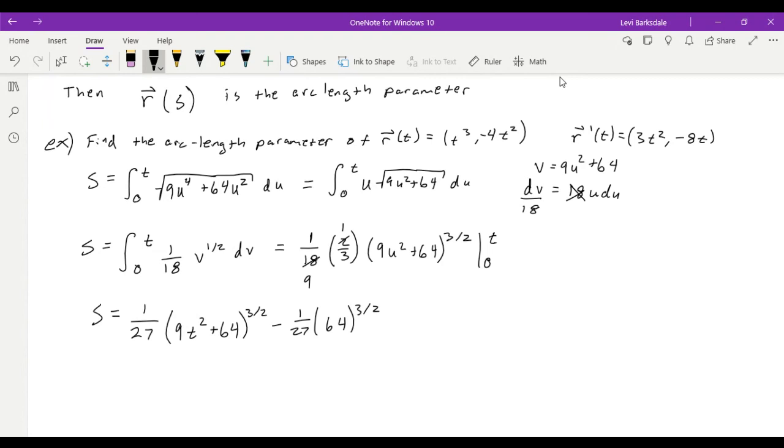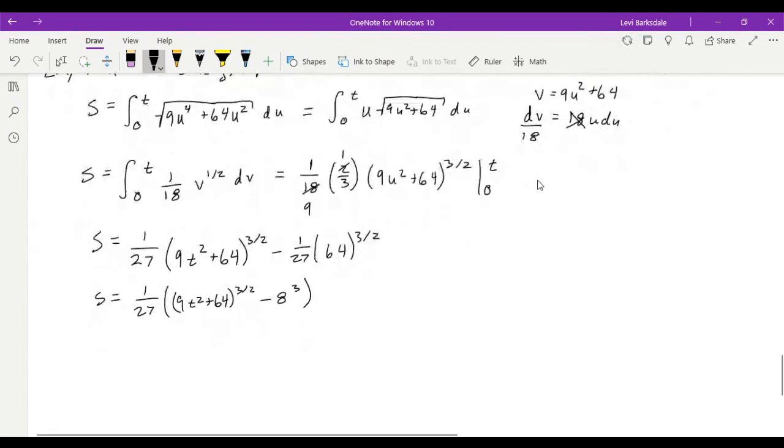Now if we continue to simplify that down, 64 to the 3/2 would give us 8 to the 3rd. So s is equal to 1 over 27 times 9t squared plus 64 to the 3/2 minus 8 cubed. All right, so this is our arc length function.